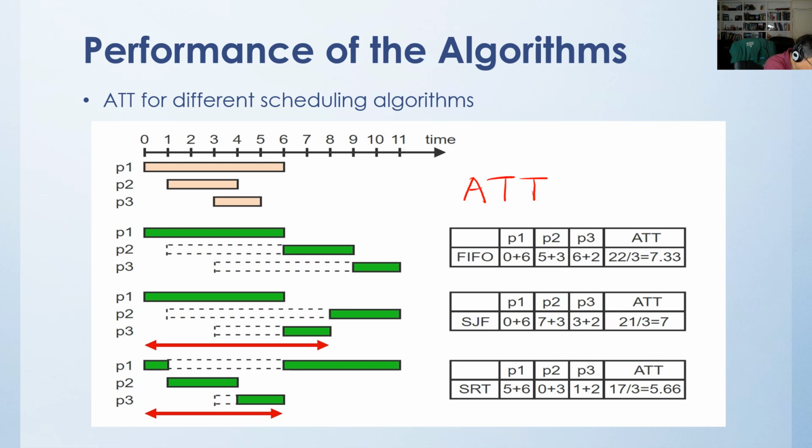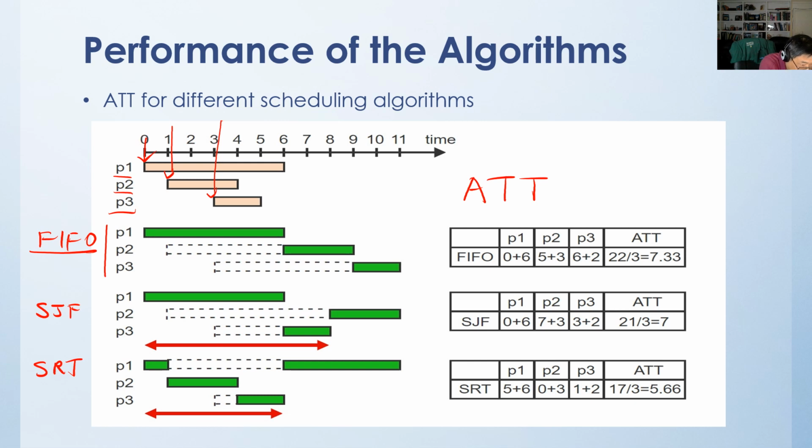The first one measures the 3 processes and the arrival time for each of the processes. I'm sorry, the first one used the FIFO, the second one used the SJF, and the last one used SRT. We actually discussed all these already. This is just a summary.